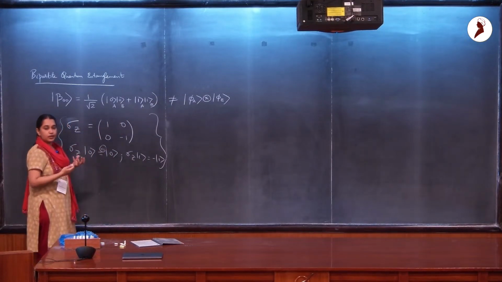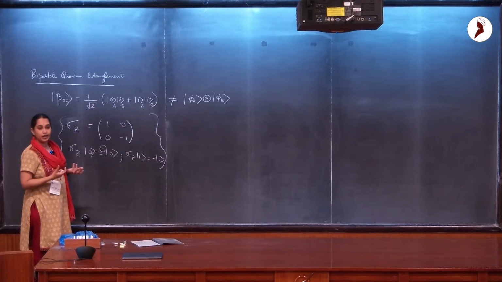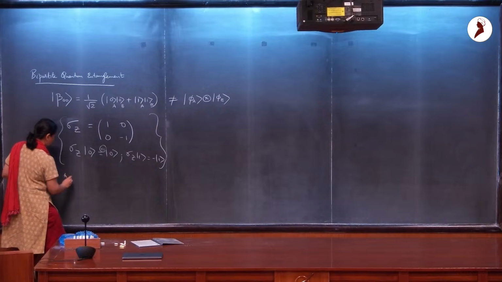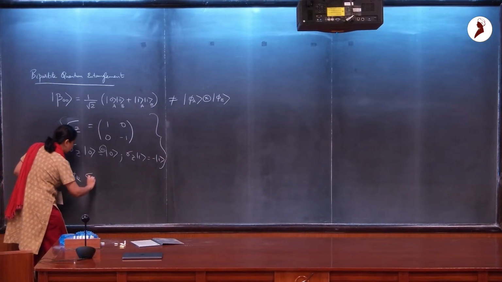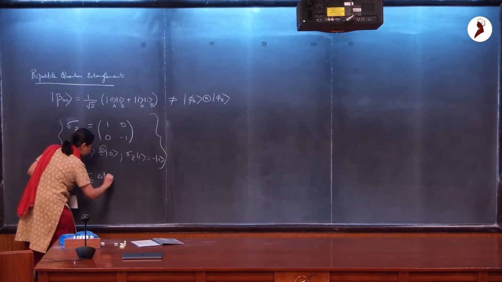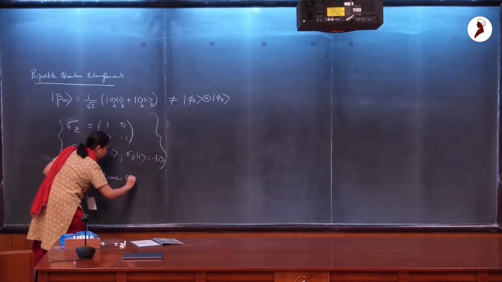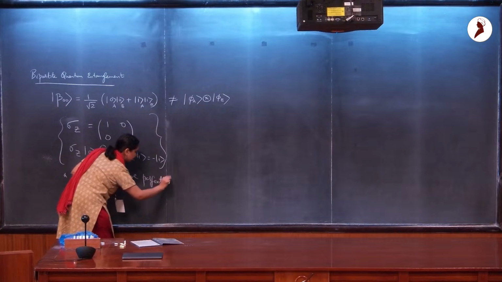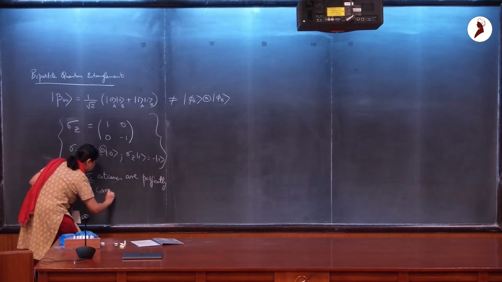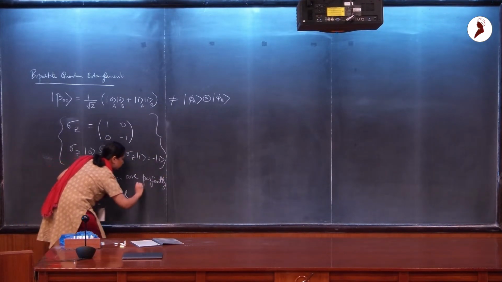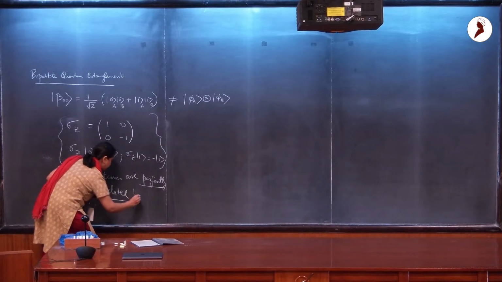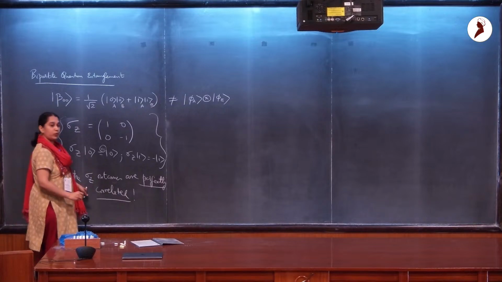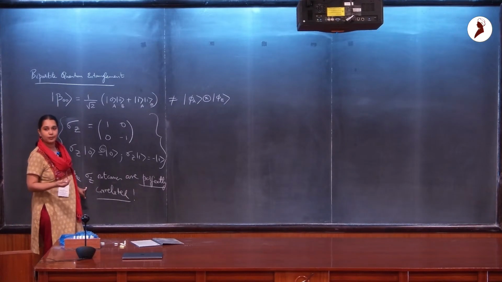So this is what one means by correlations. In this state, the sigma z outcomes are perfectly correlated. And this is what we think of as a signature of quantum entanglement.